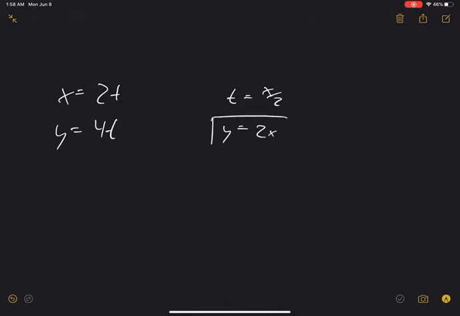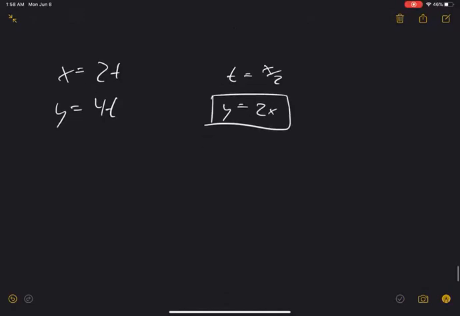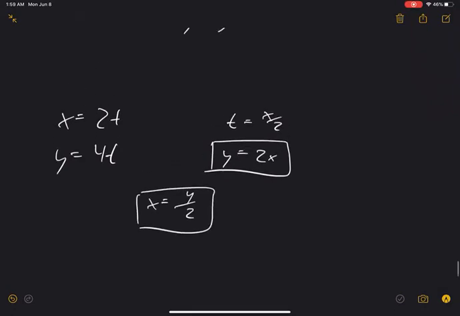We could solve for y equals 2x, or we could do it in the opposite order. So both of these give a valid answer.